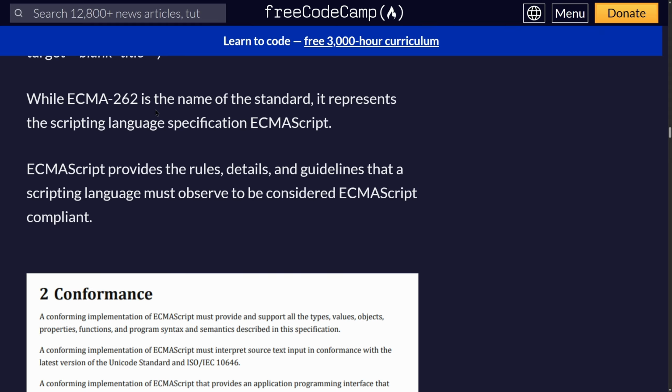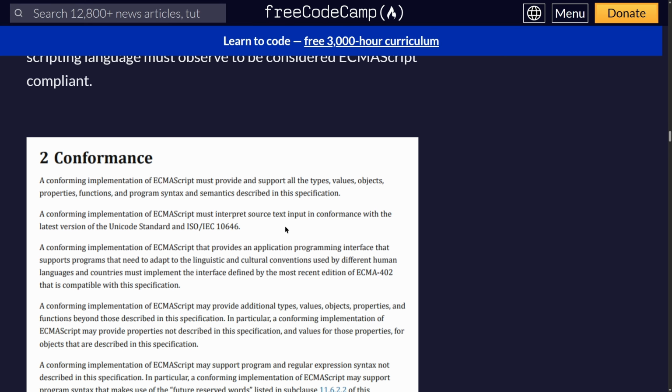While ECMA 262 is the name of the standard, it represents the scripting language specification ECMAScript. ECMAScript provides the rules, details, and guidelines that a scripting language must observe to be considered ECMAScript compliant. All right.